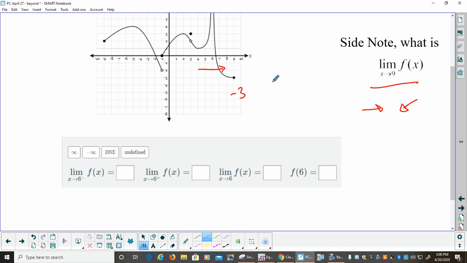The function does not exist from the right. So the answer to this question is D and E. Does not exist. Because you can't approach it from the right. Sure, you can approach from the left. If I had this, you just tell me it's -3. But that isn't there. So it has to imply it's coming from both sides. And you can't come at it from the right, so it does not exist.